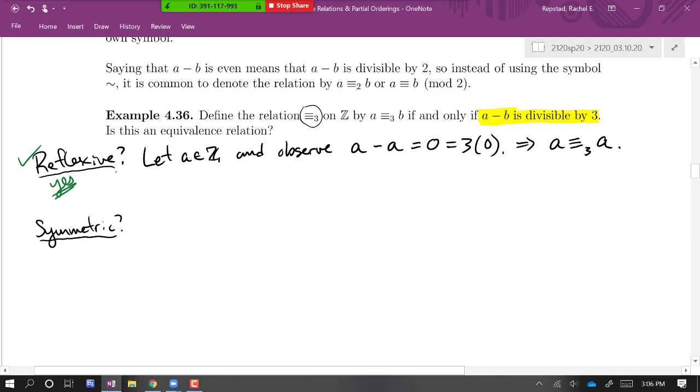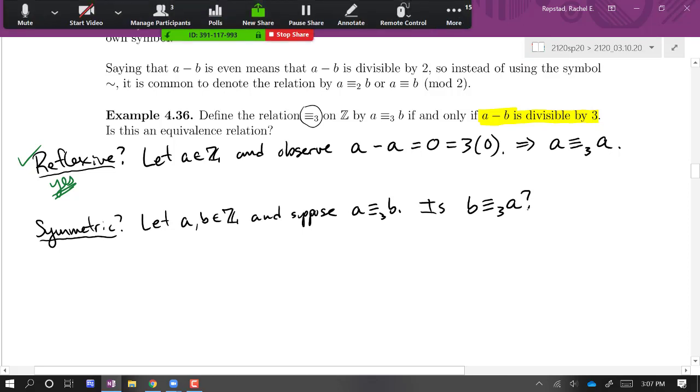So for symmetry, we need 2 elements. Let A and B be integers, and suppose that A is related to B. We want to answer the question, does this force B to be related to A? What do we think? Ali says yes.